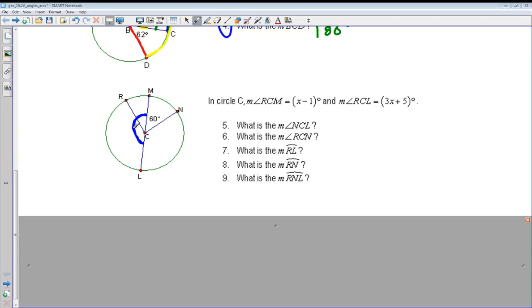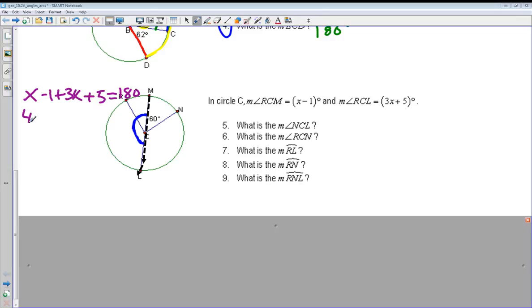So notice that you've got a diameter right here, which makes you have a semicircle. And so I'm sure you know that x minus 1 plus 3x plus 5 has to equal 180.